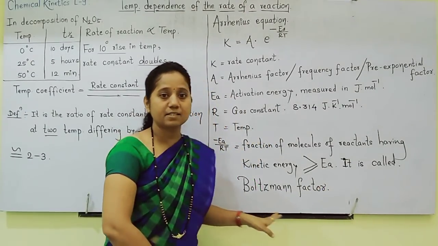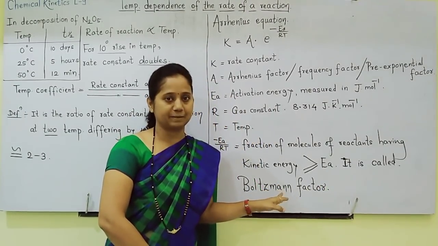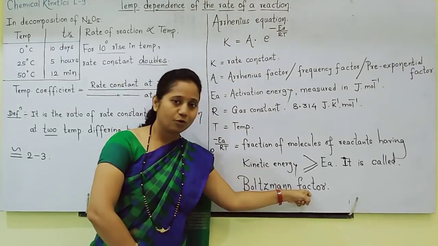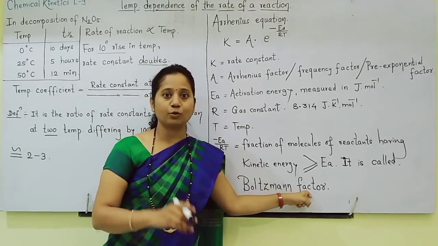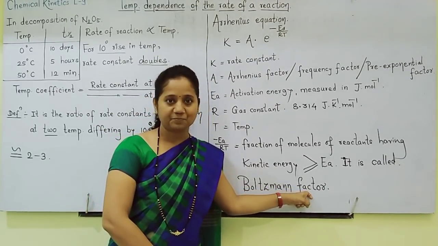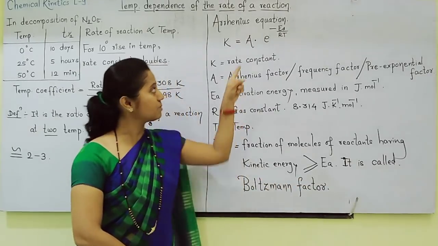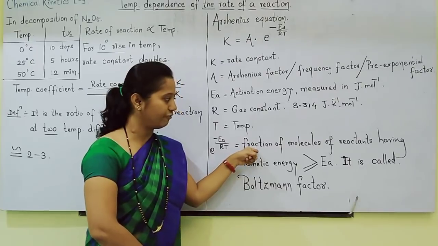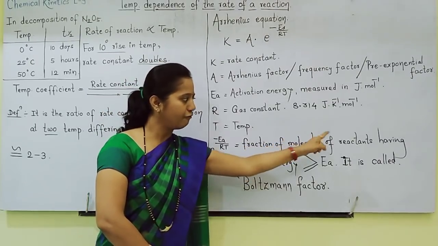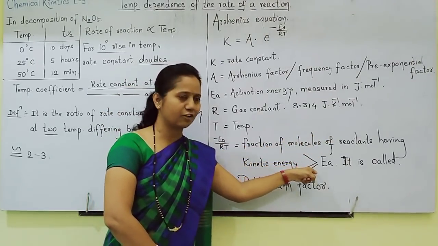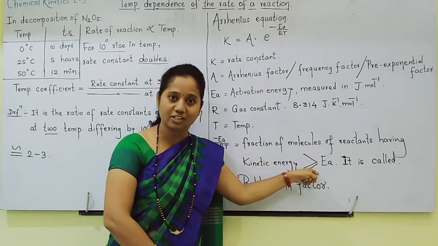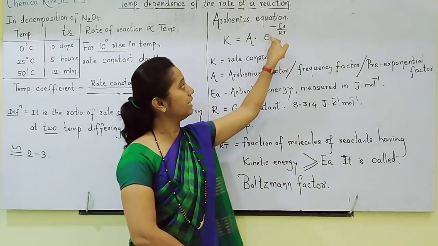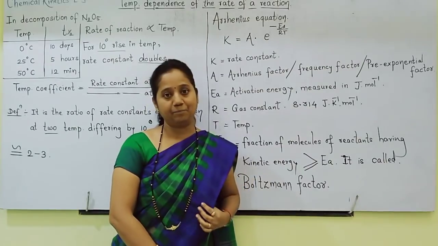Sometimes they will ask you to calculate the Boltzmann factor. Which is the Boltzmann factor? This term. Sometimes they will ask you to calculate the fraction of molecules of reactants having kinetic energy equal to or greater than activation energy. That is nothing but e raised to minus Ea by RT.